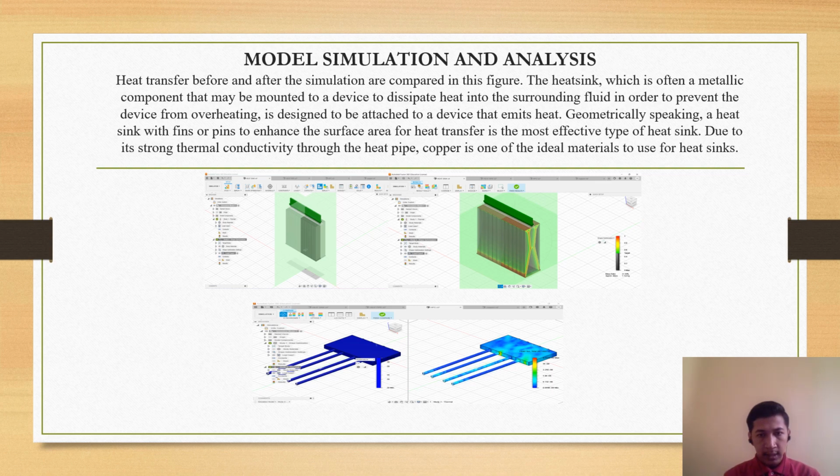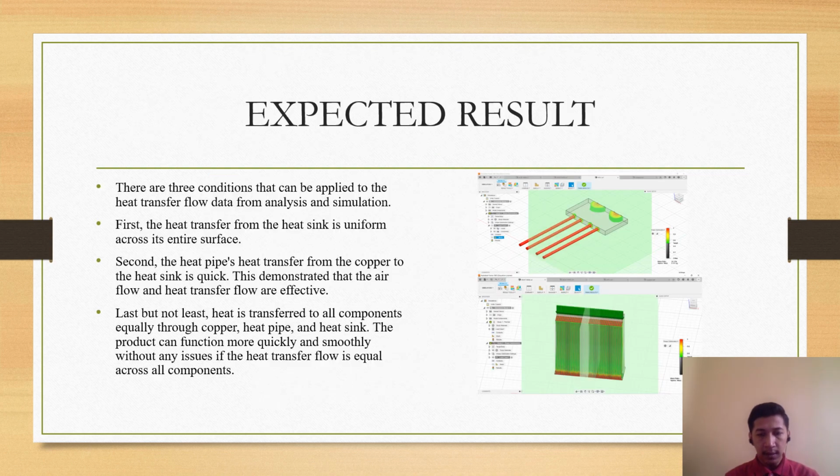Geometrically speaking, a heat sink with fins or pins to increase the surface area for heat transfer is the most effective type of heat sink. Due to its strong thermal conductivity through the heat pipe, copper is one of the ideal materials to use for the heat sink. Okay, the last one is expected result.